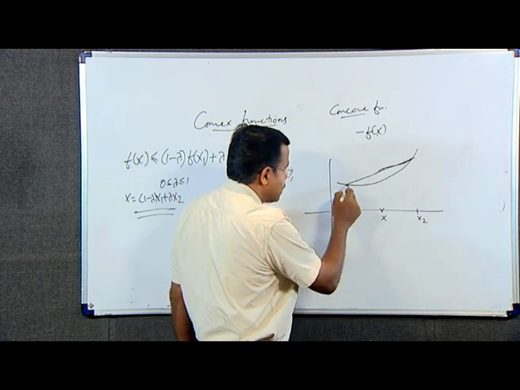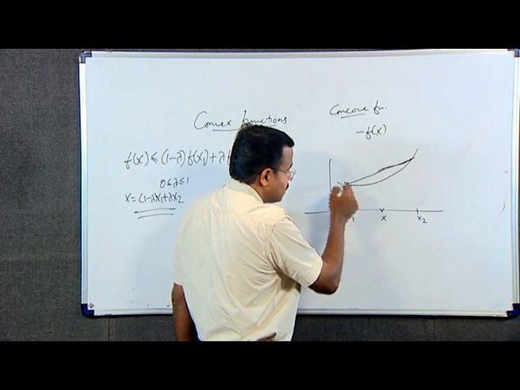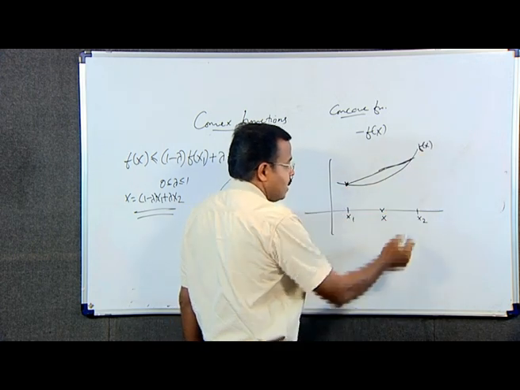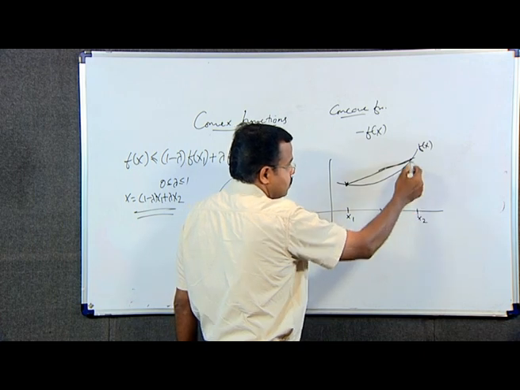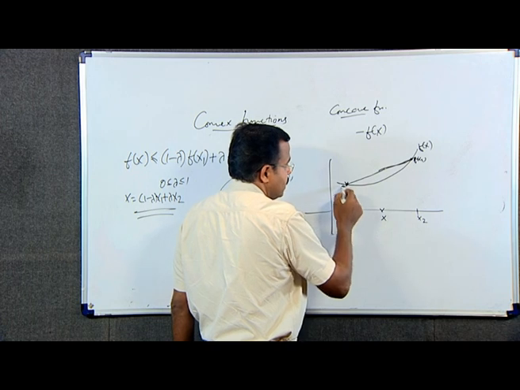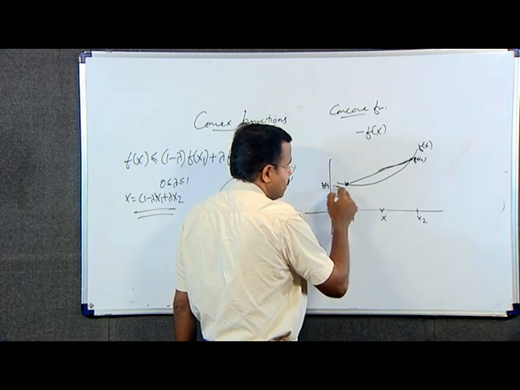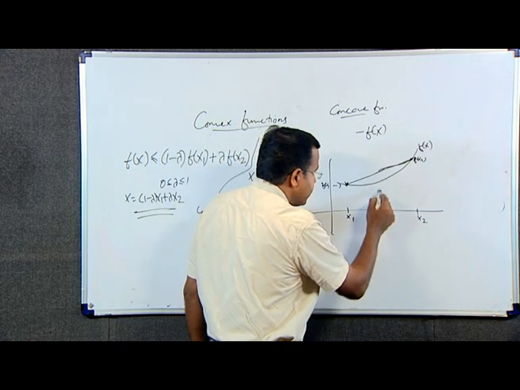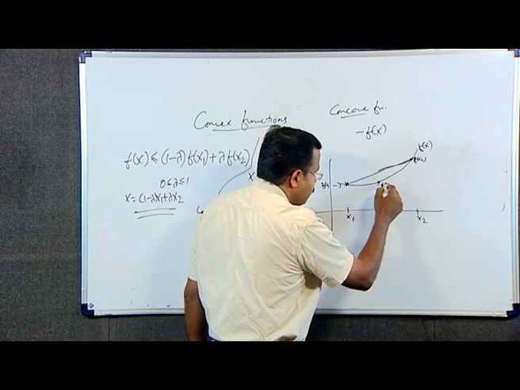Here, this is the function value at x1, and this is the function value at x2, and the function value at x is here, f of x.